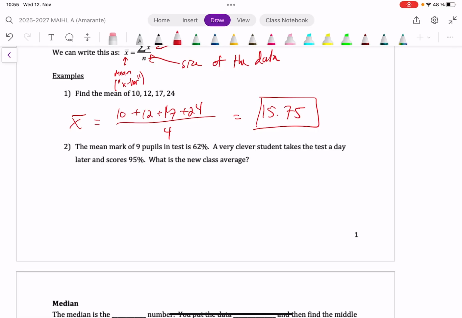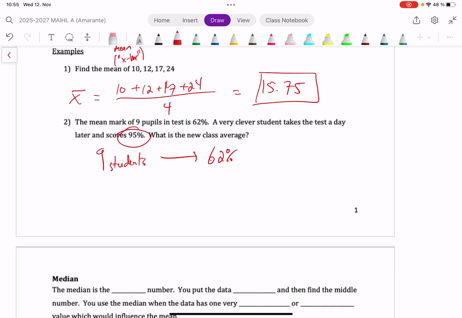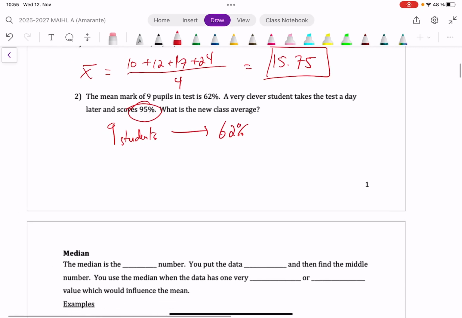But then it can ask things like, the mean mark of 9 pupils on a test is 62%. So 9 students took a test. The average score, or the mean score, was 62%. A very clever student takes the test a day later and scores 95. So they score well above the average. And it says, okay, what's the new class average?